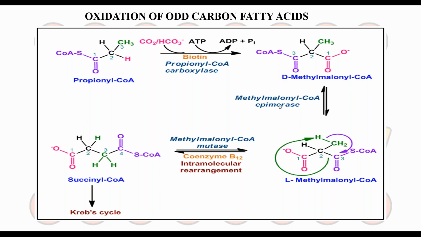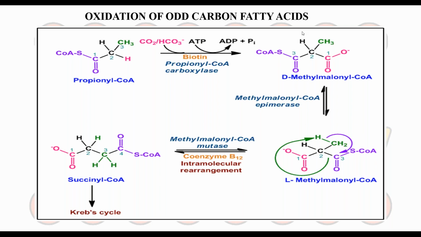Now this D-methylmalonyl CoA, by methylmalonyl CoA epimerase, will undergo an intramolecular rearrangement and get converted from D-methylmalonyl CoA to L-methylmalonyl CoA. And finally, this L-methylmalonyl CoA will get converted with the help of methylmalonyl CoA mutase enzyme to give succinyl CoA.